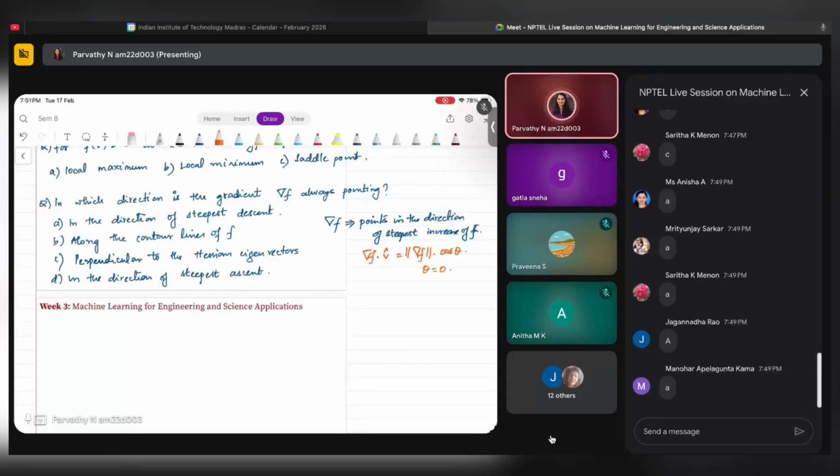So this is the direction of steepest increase, but this is minimum when theta is 180, that is in the opposite direction, that is steepest decrease. So the negative gradient points in the direction of steepest decrease, and the gradient always points in the direction of steepest ascent. So the answer is option D.